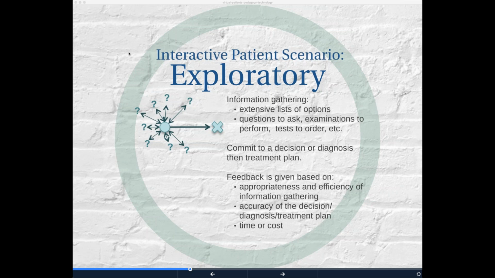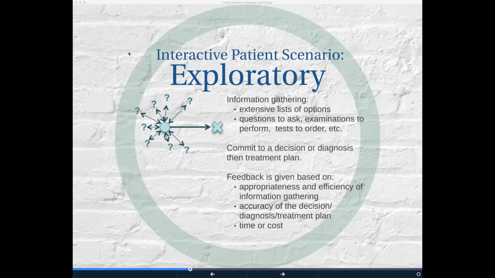So if you choose to do an MRI, it's going to be an expensive investigation compared to if at this point you limit it to a history and physical. And at the end, the learner can actually get scored on an approximate cost of their information gathering, and also feedback as to whether that's appropriate.